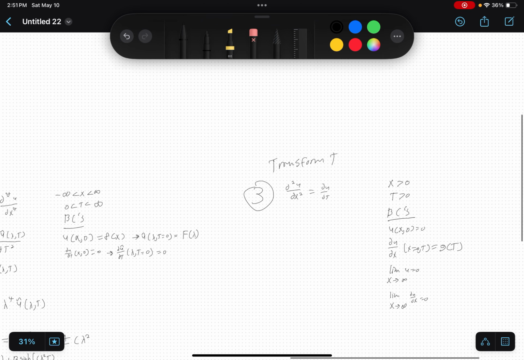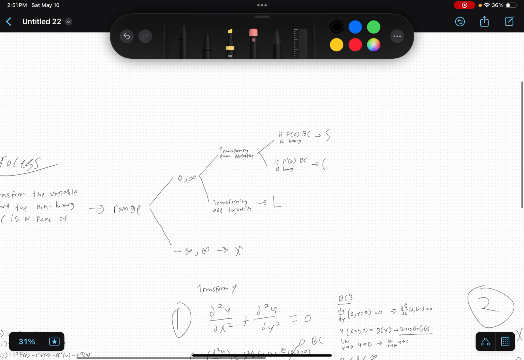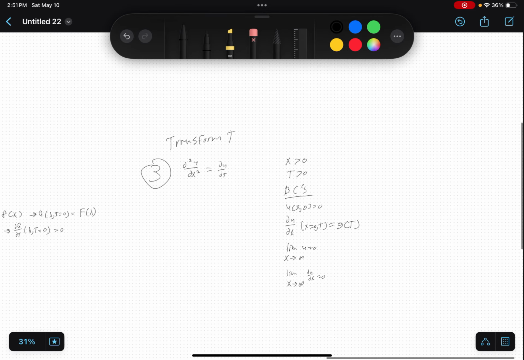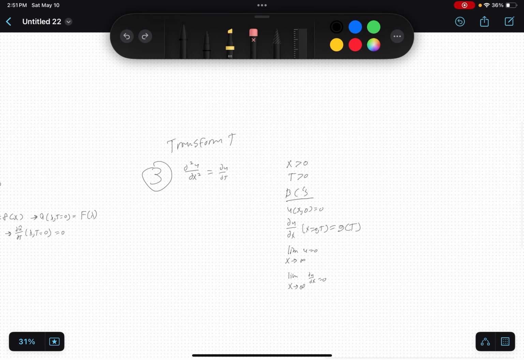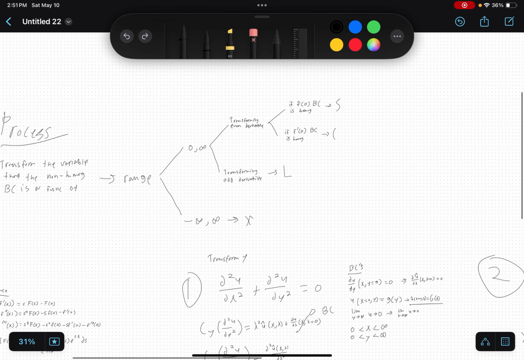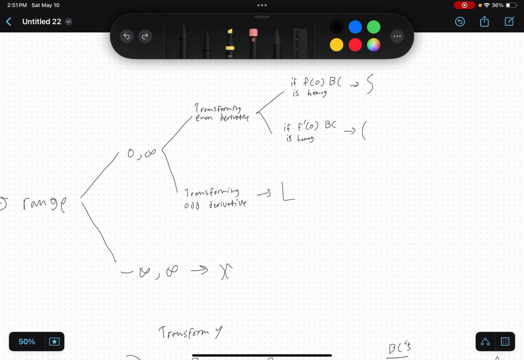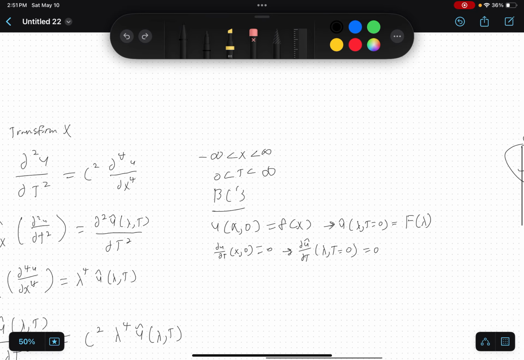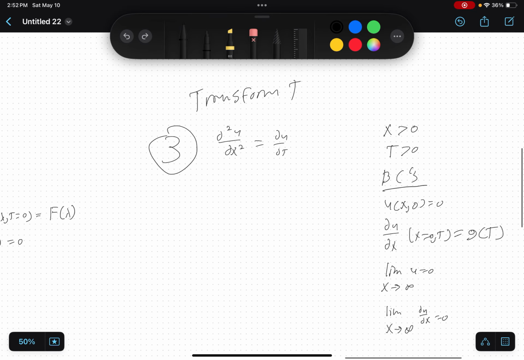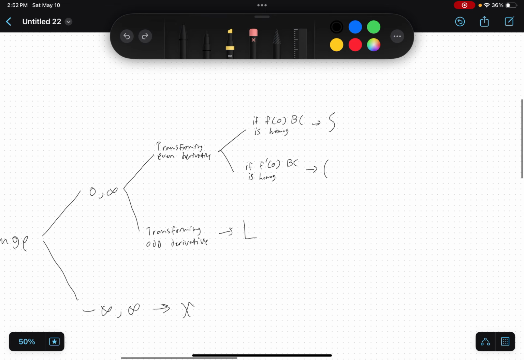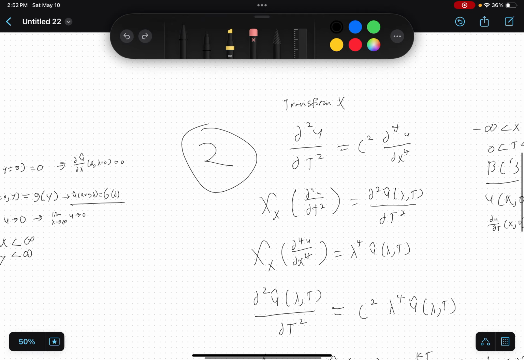Transform t. Step two. Take the range. T is greater than 0. So we're up here. Transform even derivative or odd derivative. T is an odd derivative. So what do we do? We use Laplace. Cool.